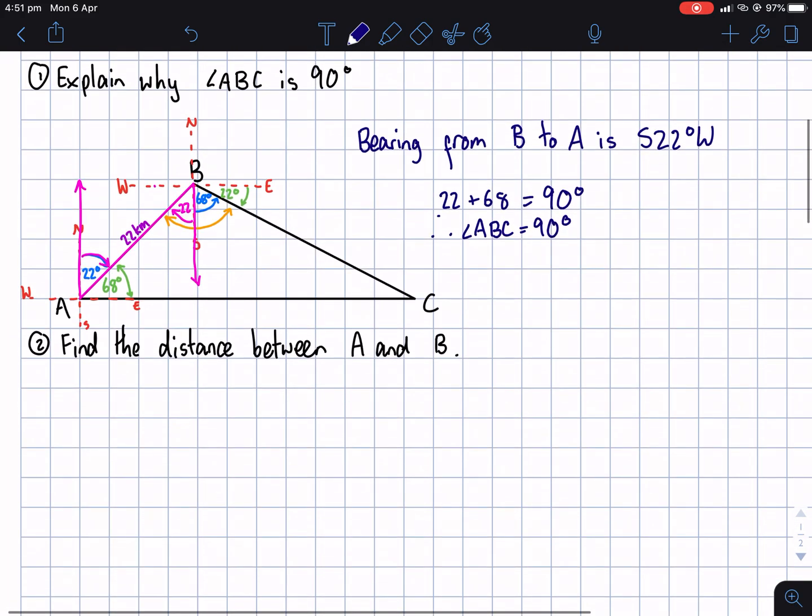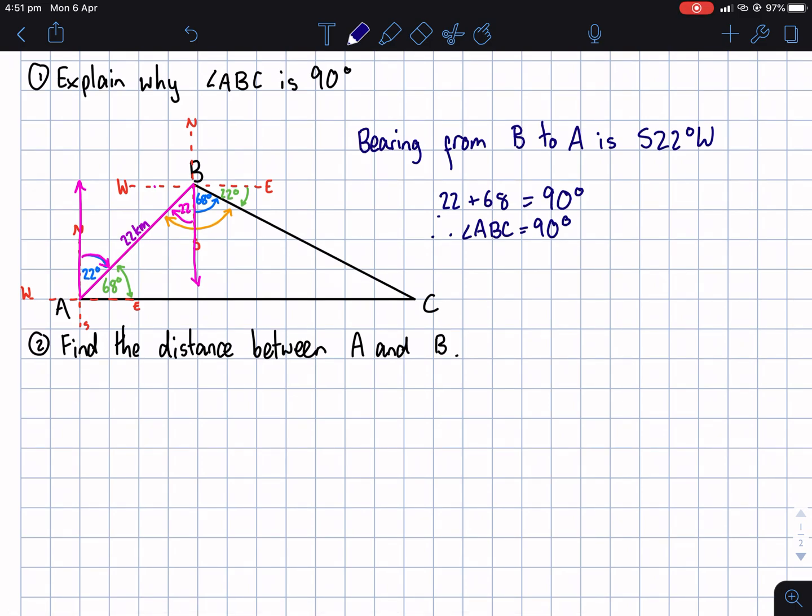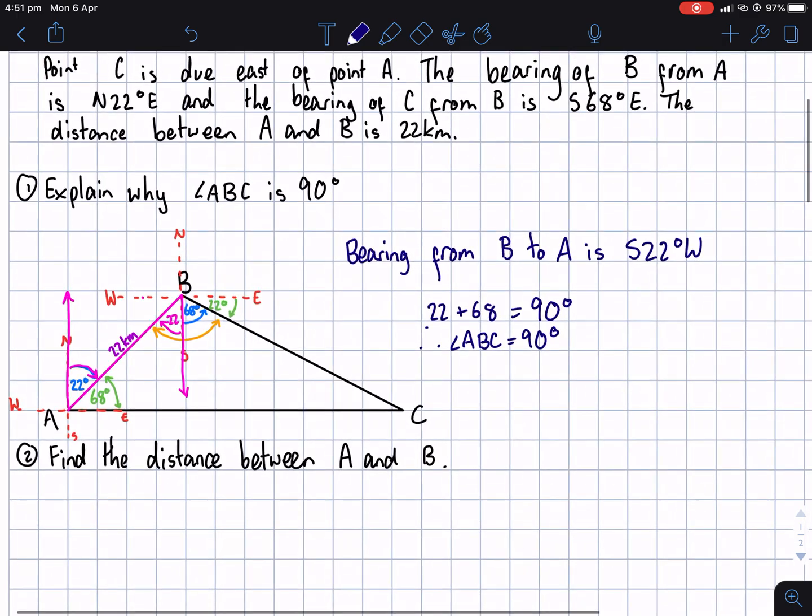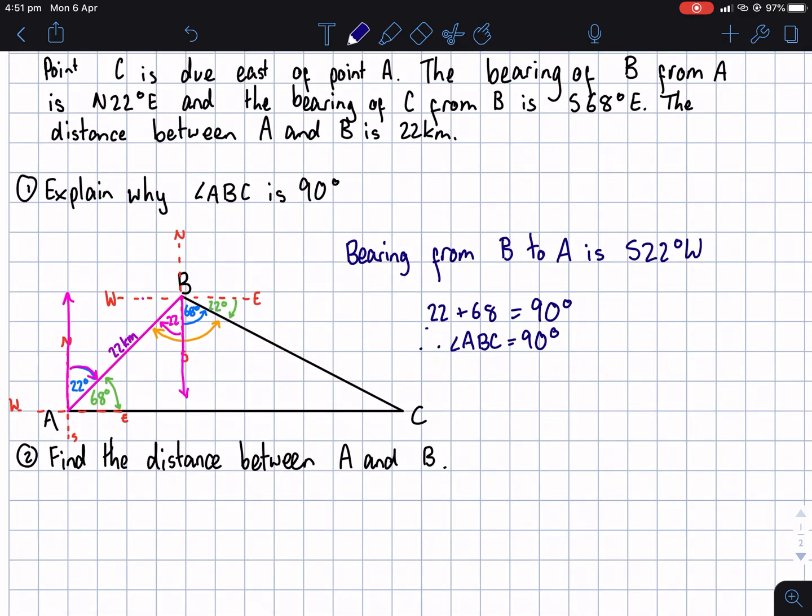Find the distance between A and B. Well, that means I read the question wrong. A and B is 42, not 22. Distance between A and B is 42.